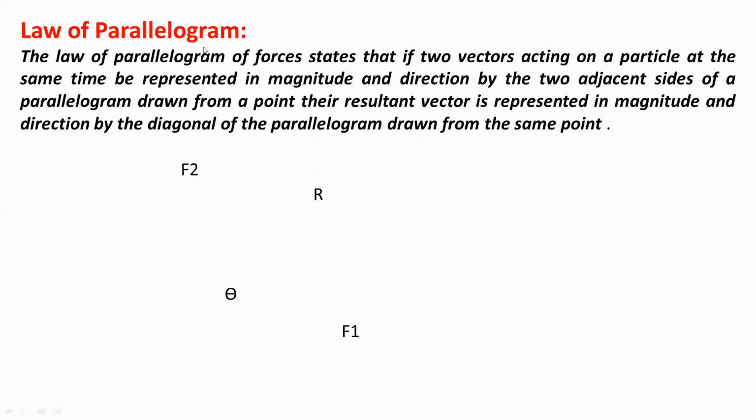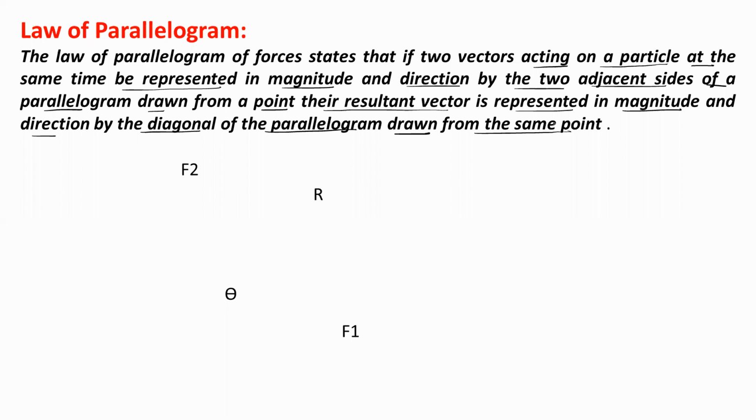As you can see on the screen, the law of parallelogram of forces states that if two vectors acting on a particle at the same time are represented in magnitude and direction by the two adjacent sides of a parallelogram drawn from the same point, the resultant vector is represented in magnitude and direction by the diagonal of the parallelogram drawn from the same point.